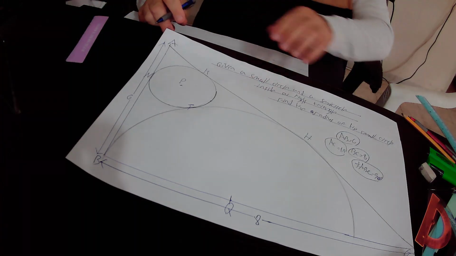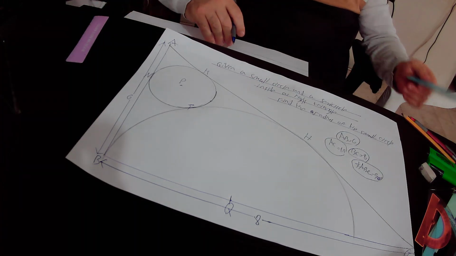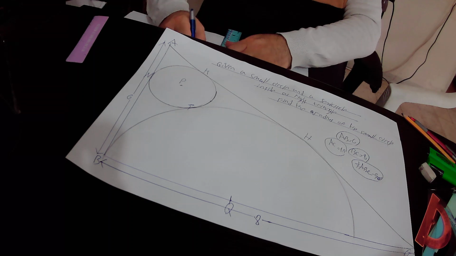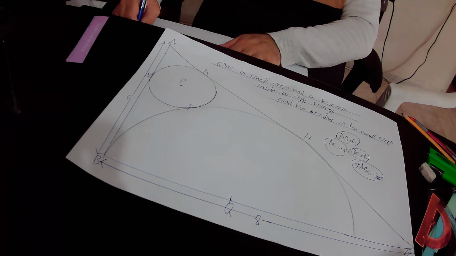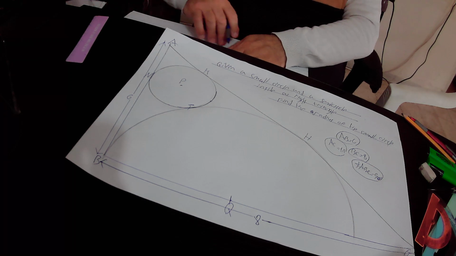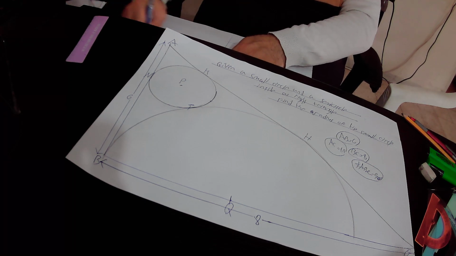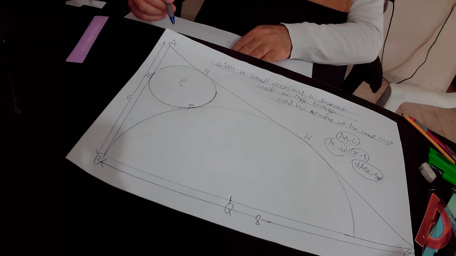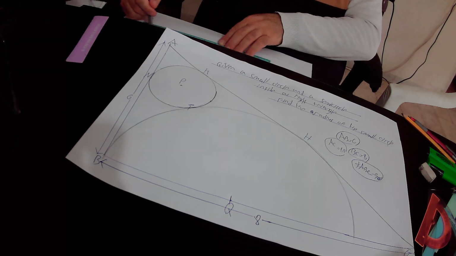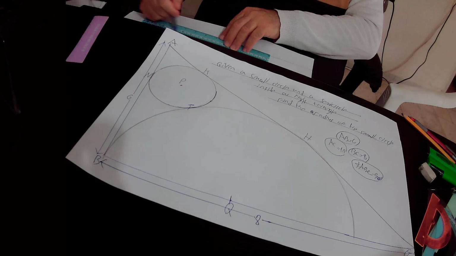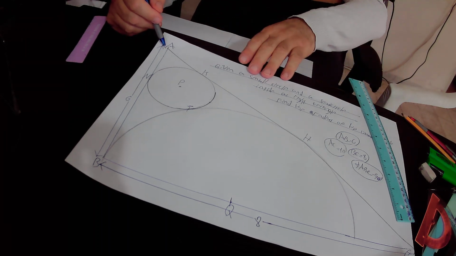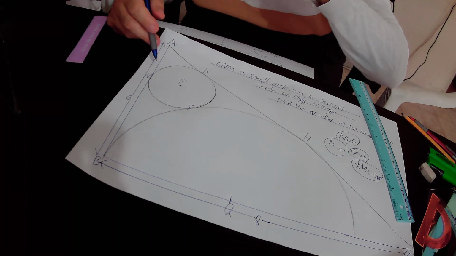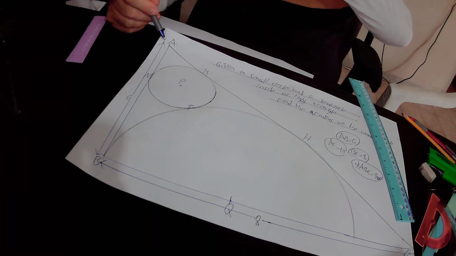So here we can apply rule 2. If we focus on this common external point A, from this point A we have two tangents to this small circle, tangents AN and AK.